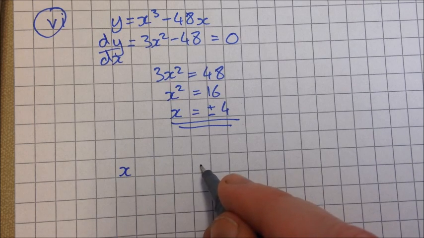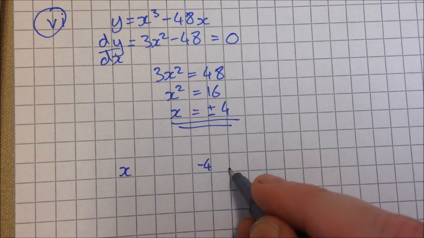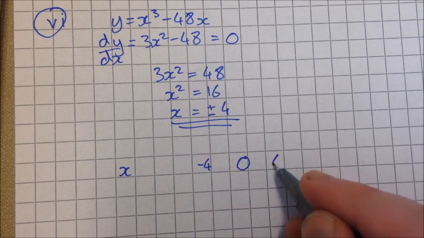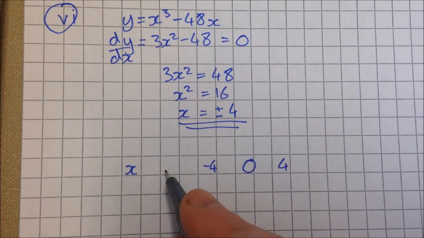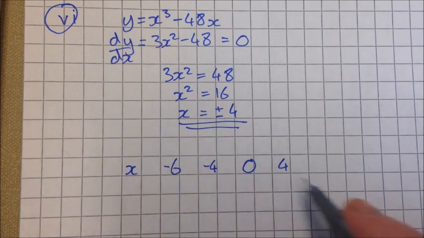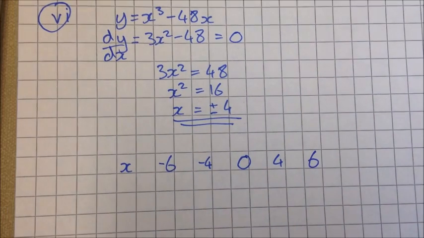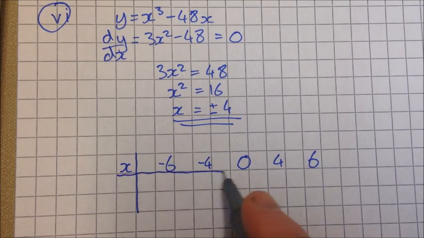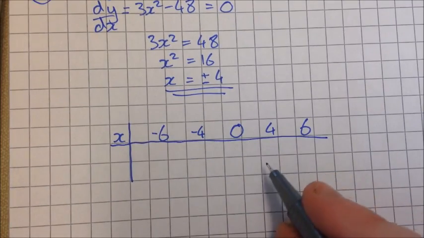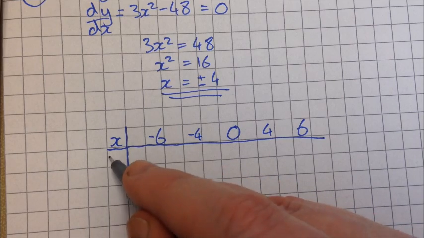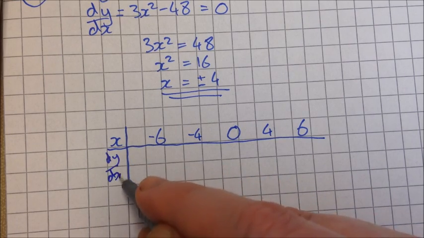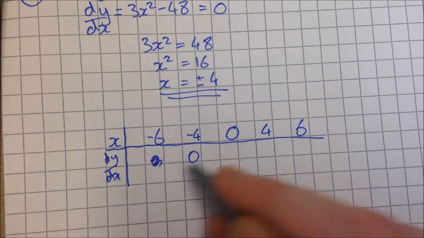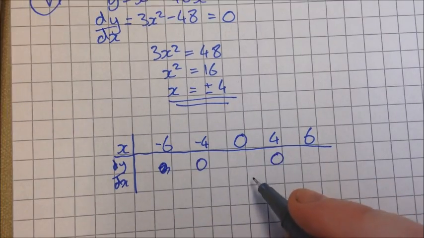We've got negative 4. We'll try 0 in the middle, and we'll try a number here. Let's pick, I don't know, negative 6. And this one we'll pick 6. So remember that that is your dy/dx is 0. Oh, wrong one. 0. That is also a 0.